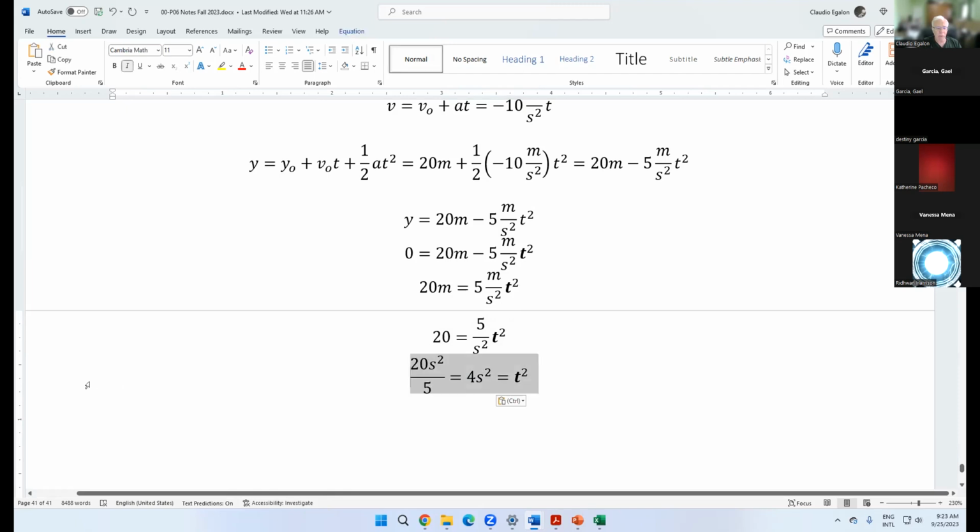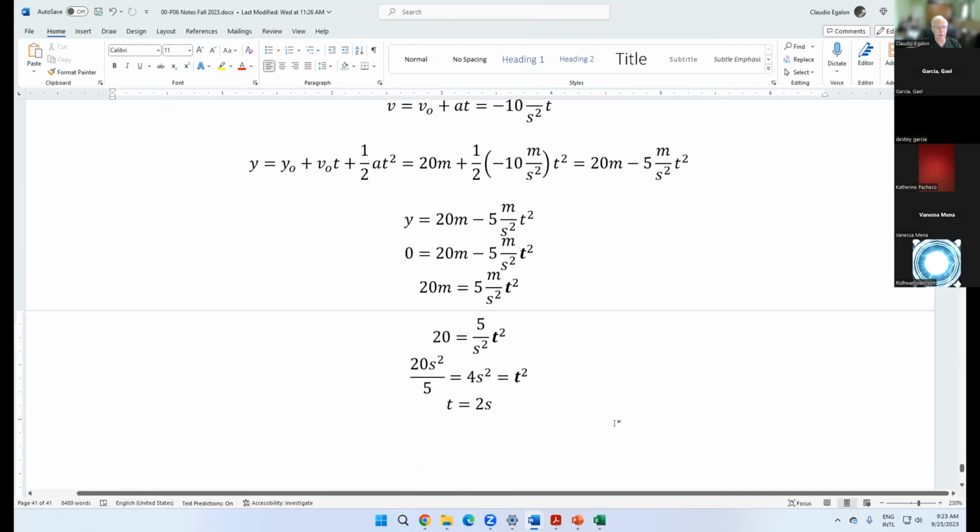And now we can solve for t. T becomes what? 2 seconds. It takes 2 seconds for a particle to reach the floor in a building that's 20 meters tall.